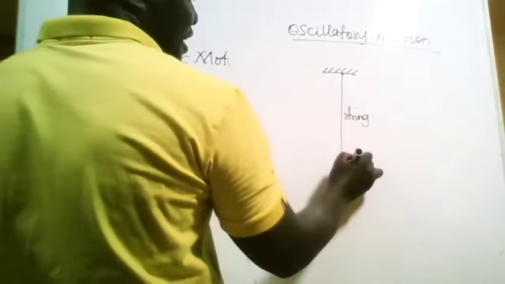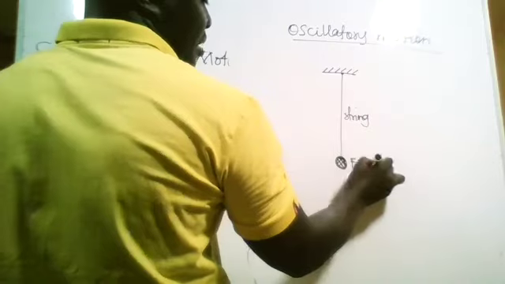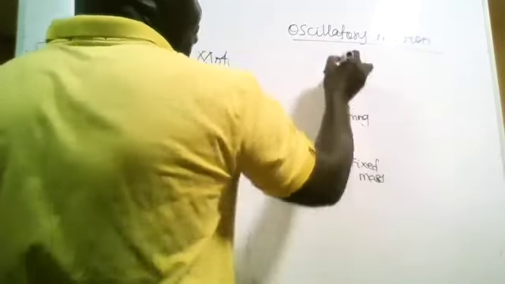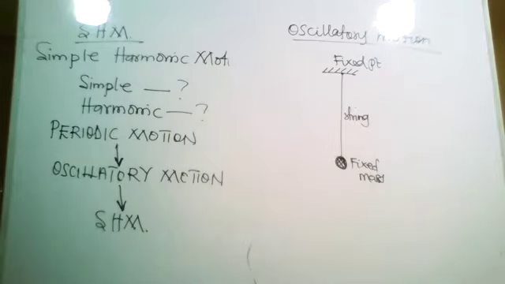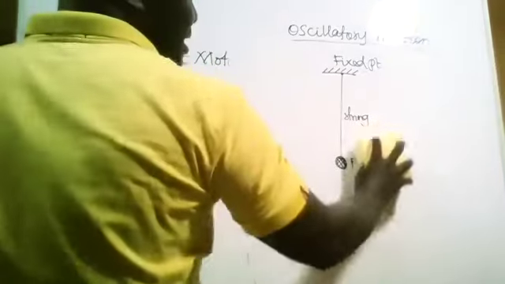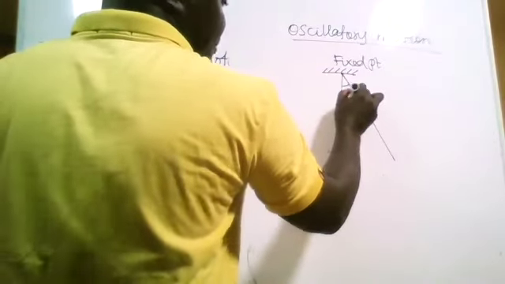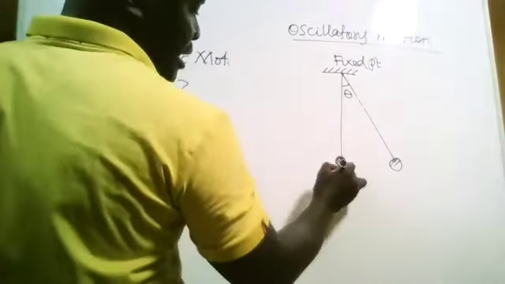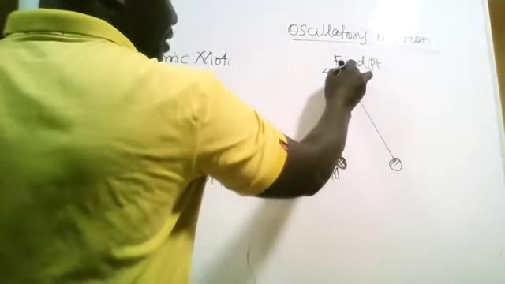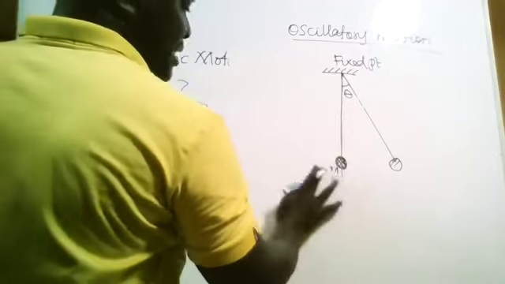A fixed mass. In position is the fixed point, or the axis around which rotation will take place. And then you displace the mass in one direction. So I give it a small angular displacement, theta. This mass would move from the mean point. This point, the reference starting point, is known as the mean point.